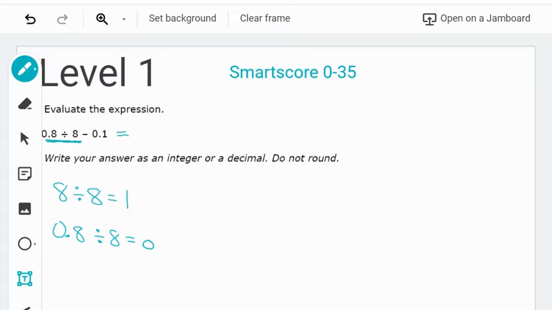Dividing into 8 parts, it will be 0.1. So you keep that 0 point part. So 0.1, and then we still have to subtract 0.1. And actually, don't overthink this one. Whenever you subtract the same number from itself, that is nothing. That's 0. So 0 is the final result for that one.